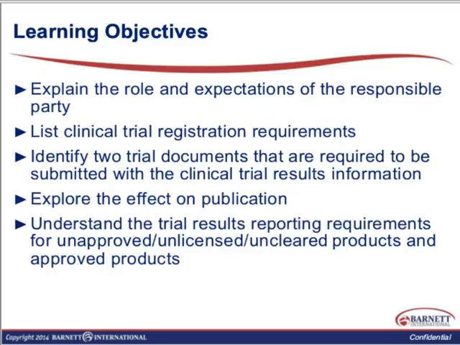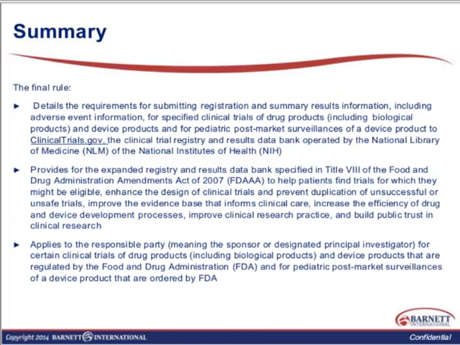Talk about 2 documents that are now expected to be submitted with the results information, how NIH is going to publish our results, and how we can potentially have delays in that information. And we'll look at, as I mentioned earlier, what those expectations are for products that are approved versus not yet approved.